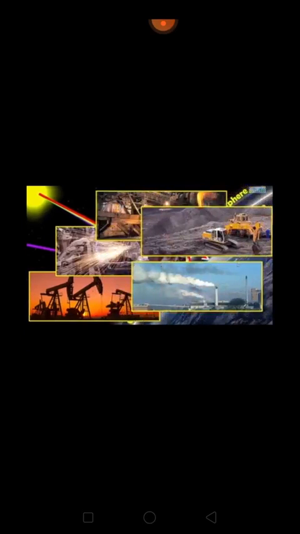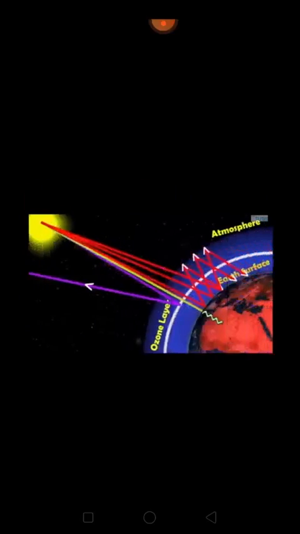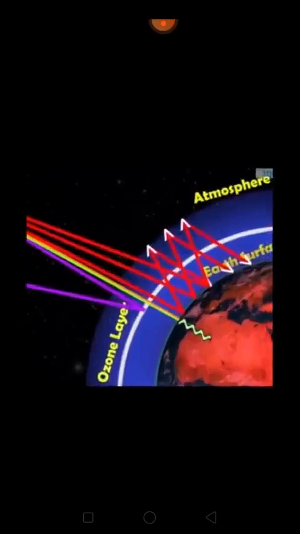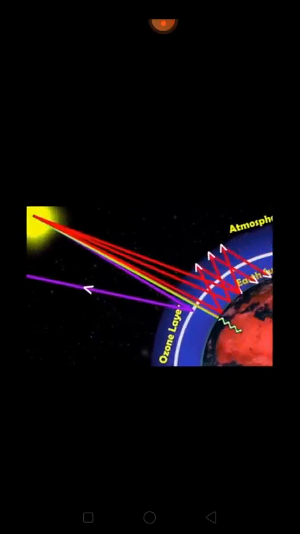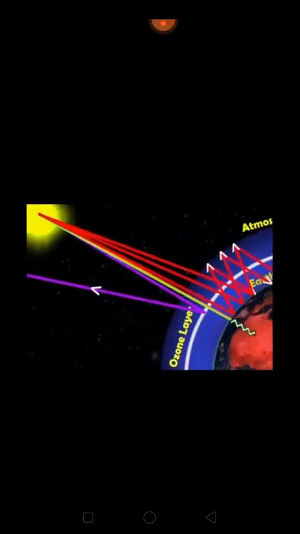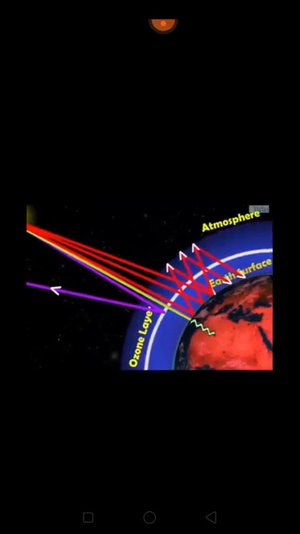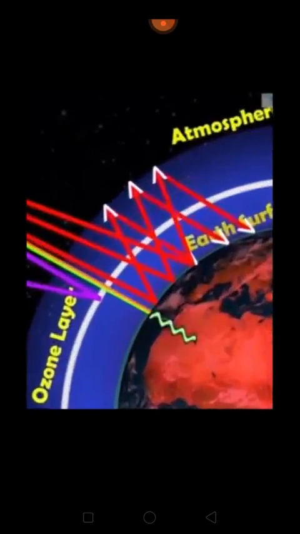Now see over here, whenever there is a greenhouse effect, it raises the temperature of the earth and changes the environment of the earth. You see how the rays are getting trapped. Solar radiation is coming and some of it is reflected back over here because of the ozone layer, and the rays which enter the earth's atmosphere get reflected multiple times inside it due to the presence of several gases like carbon dioxide, methane, water vapor, chlorofluorocarbon.